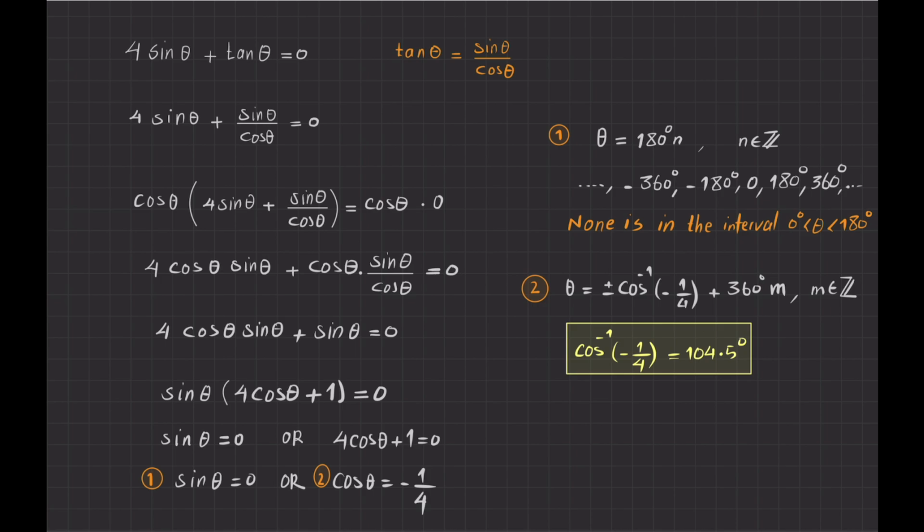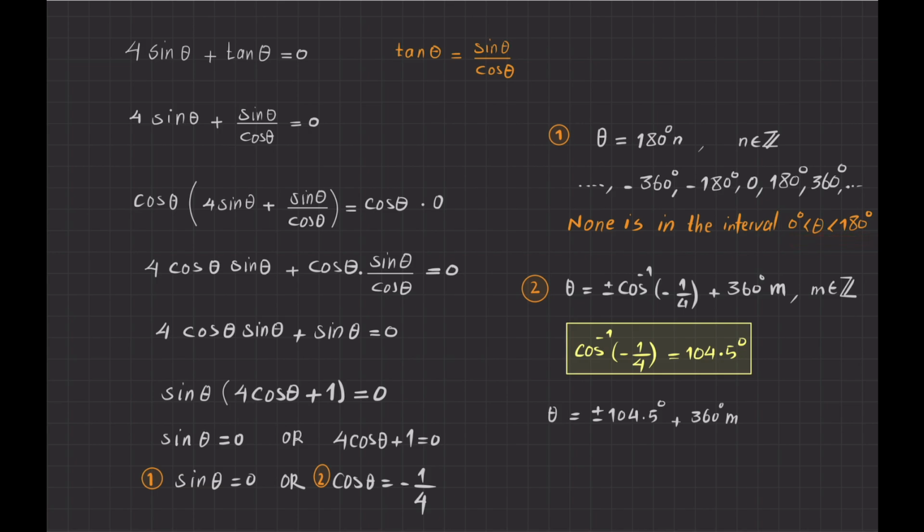Now we plug this in. So theta becomes plus or minus 104.5 degrees plus 360 degrees m. Of course, m is an integer, but no matter what integer I choose, except 0, I will have an angle which is not within the given interval.